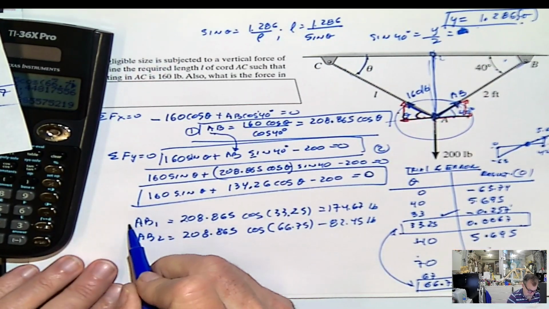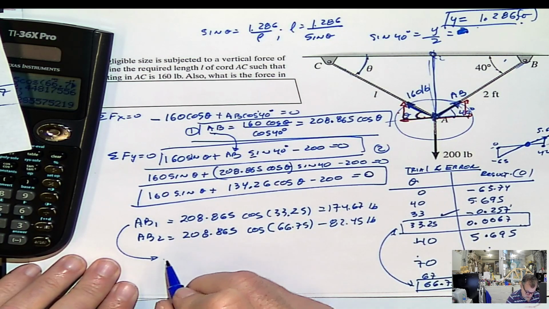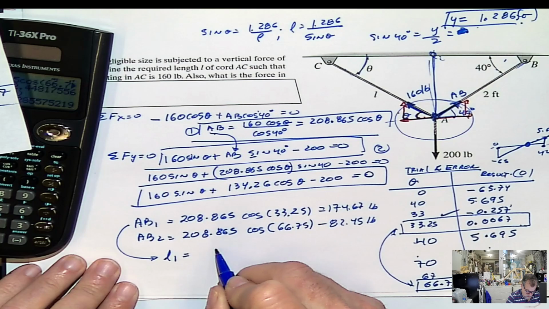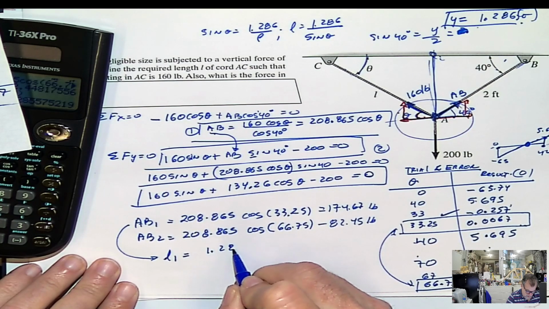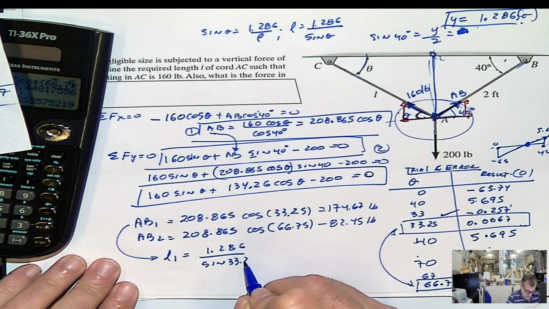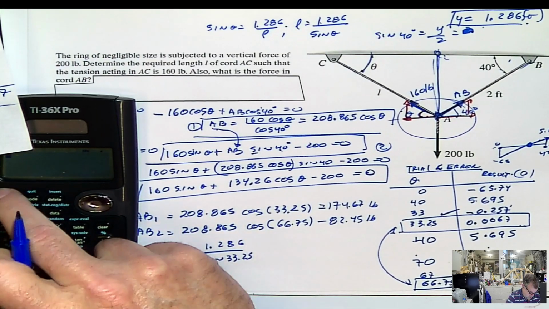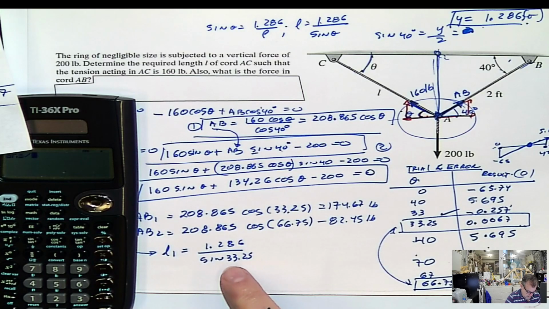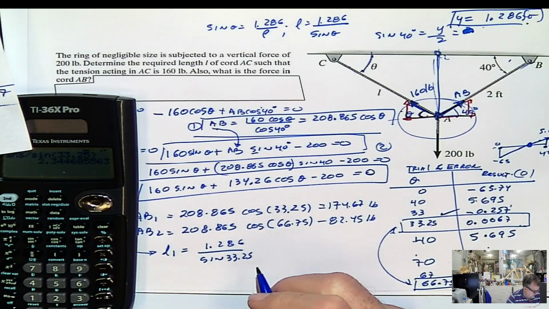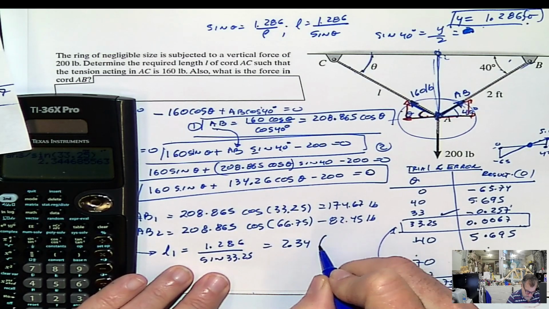Meaning, for AB1, we said theta was 33.25, so L1 will be 1.286 divided by sine of 33.25. That will be an L of 2.34 feet.